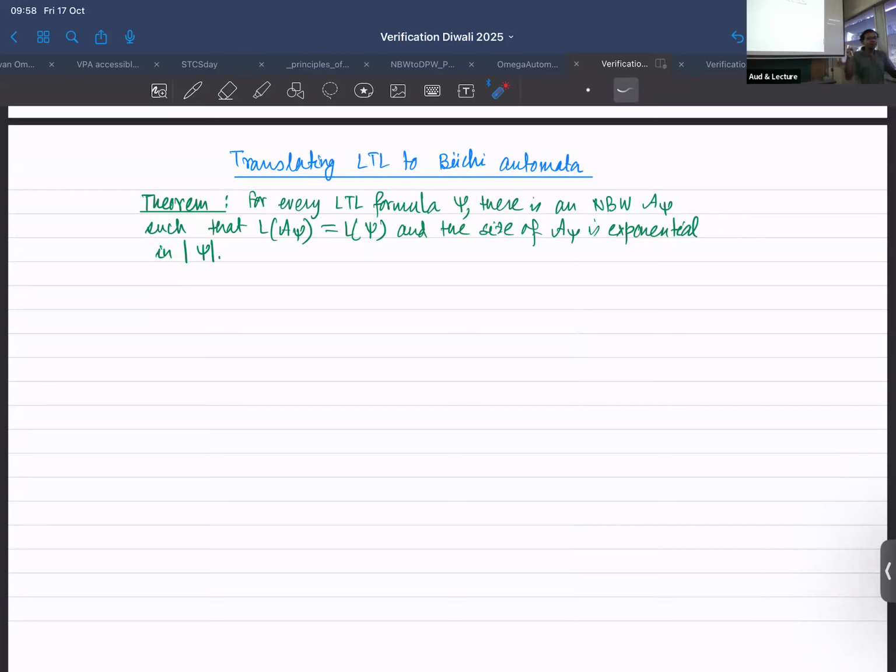You cannot just continue to see only states which are phi1 forever. That is the intuition or the semantics of that. So eventually you will get to see phi2.